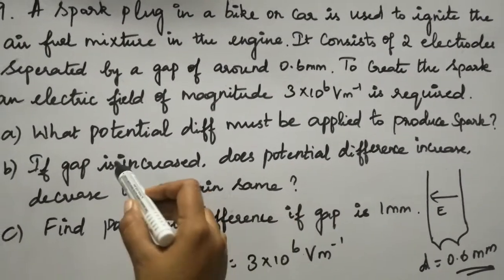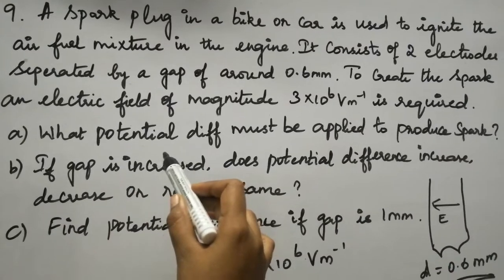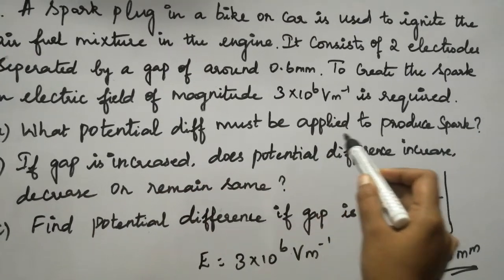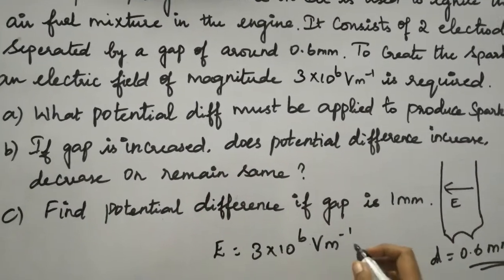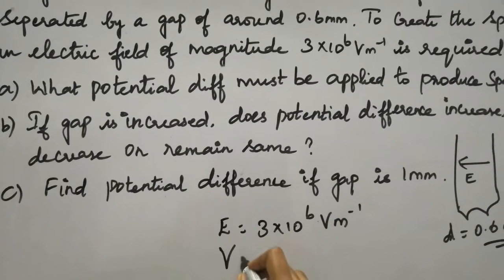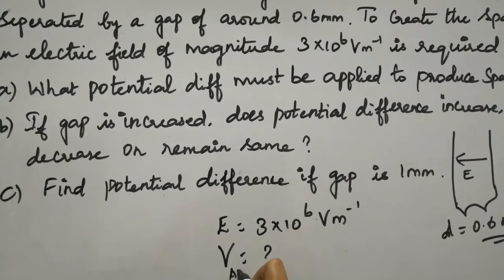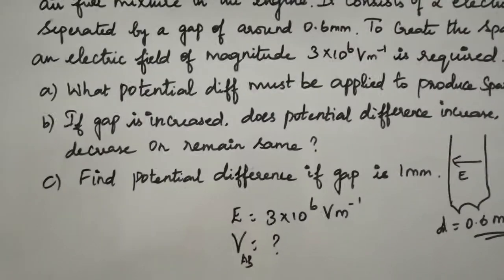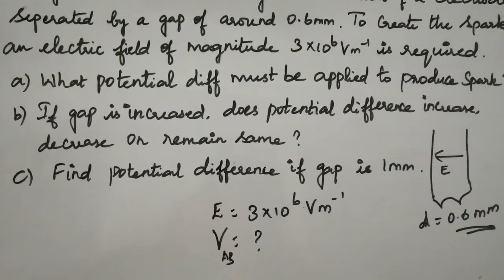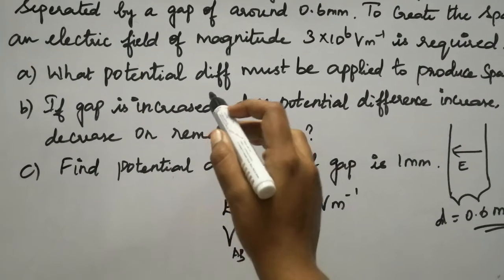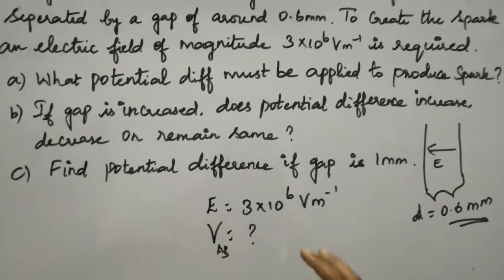So the first question they are asking us to find is, what is the potential difference that must be applied to produce the spark? We have to find the V value, potential difference V between the electrodes A and B. So we'll first discuss the first question.